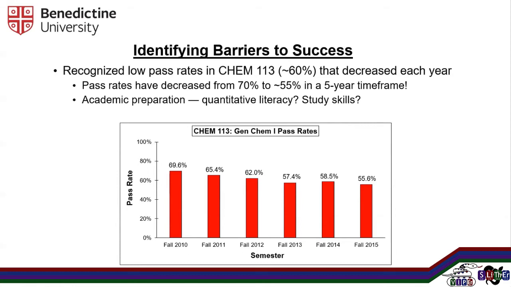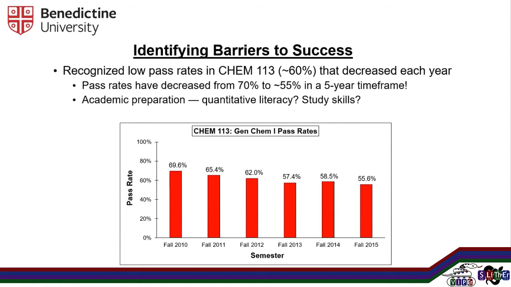What was going on? The instructors were primarily the same. We had a common syllabus, a common final. And if you do the statistical analyses across sections, there was really no difference in instructor, of course, across the years, across the sections. And so, what's going on?